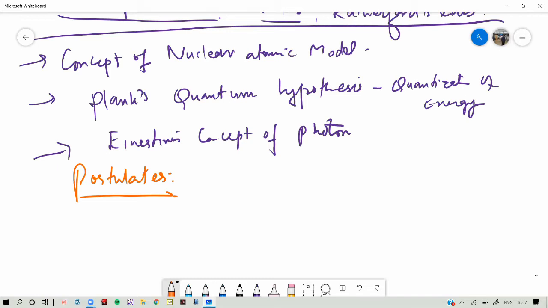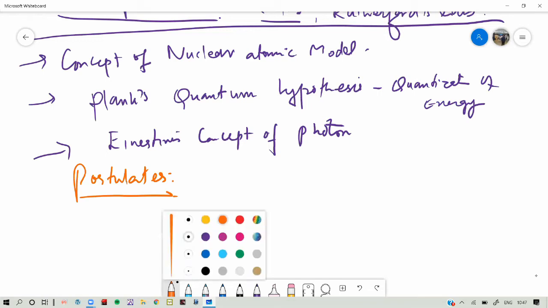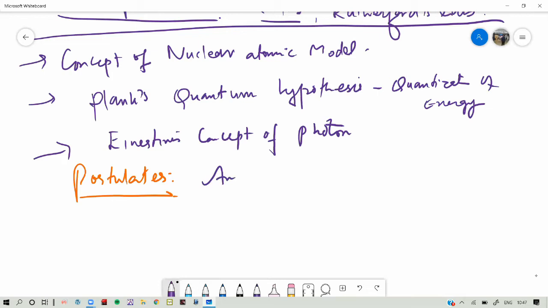The first postulate which Bohr proposed while explaining the line spectra of the hydrogen atom was that an electron in an atom moves in a circular orbit under the influence of Coulombic attraction between the nucleus and the electron.